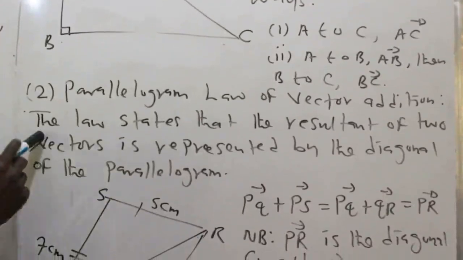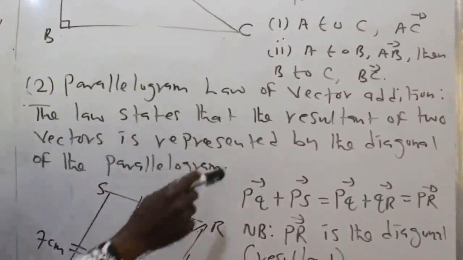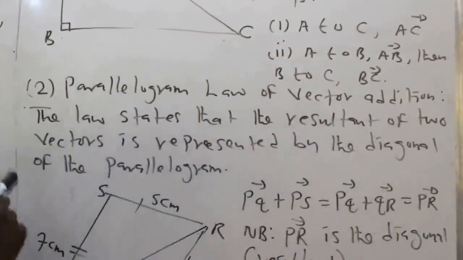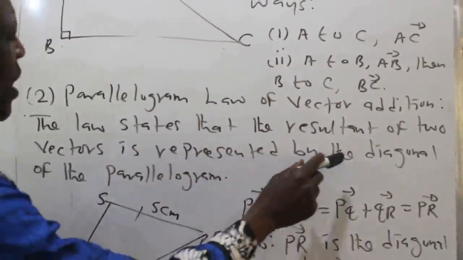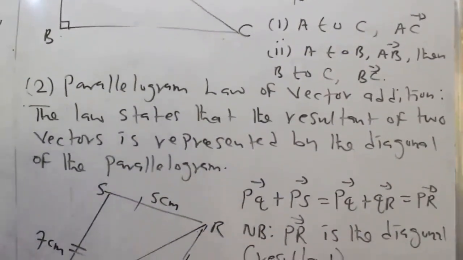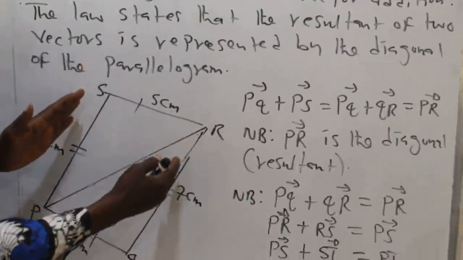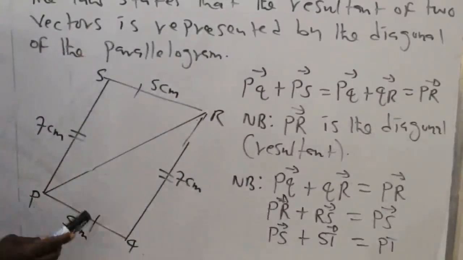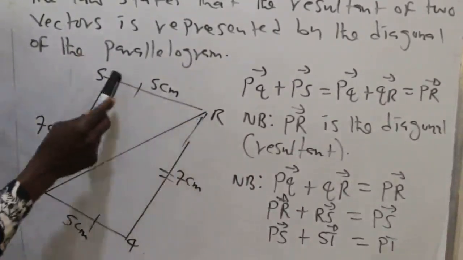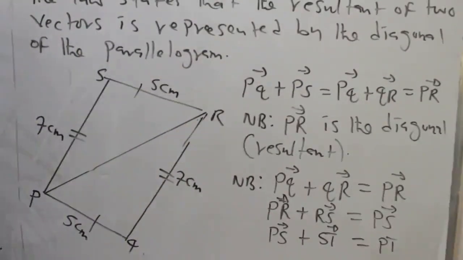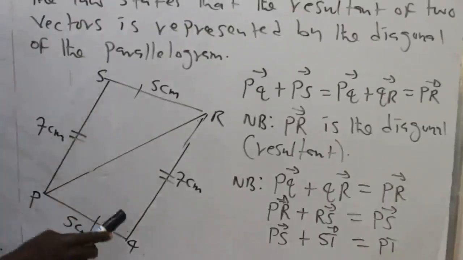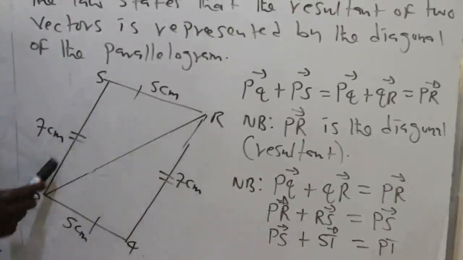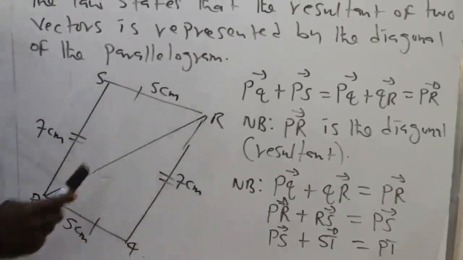The law states that the resultant of two vectors is represented by the diagonal of the parallelogram. I have a parallelogram here. P, Q, R, S is a parallelogram. PS is parallel to QR. PS is equal to QR.